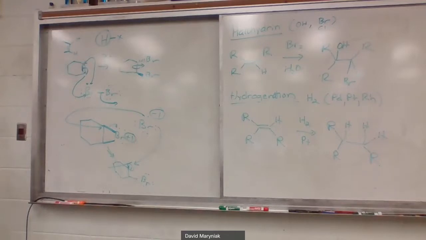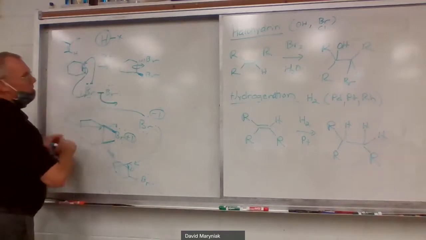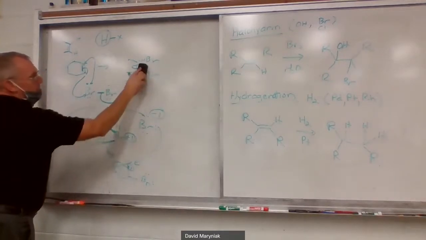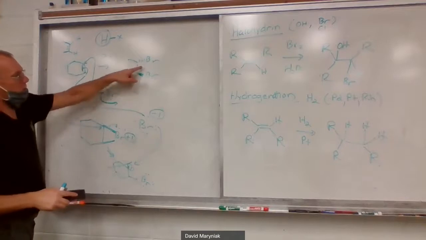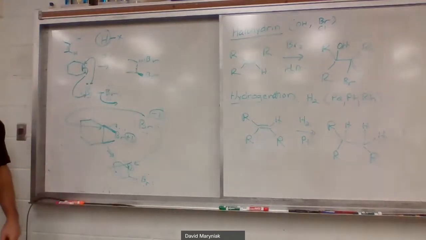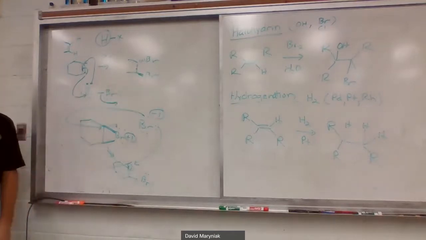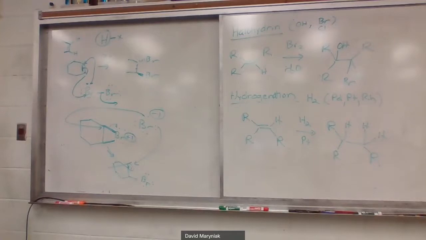Cis. And then the product would be what? That. And now would this have free rotation? So would it stay in this anti-configuration or would it rotate to all possible conformations? Does that make it complex enough?